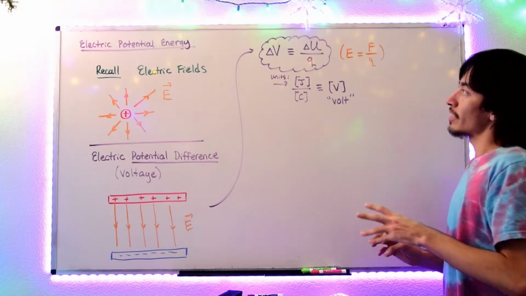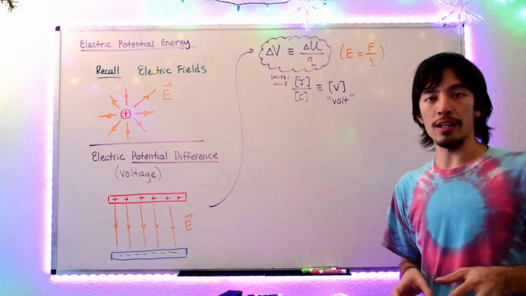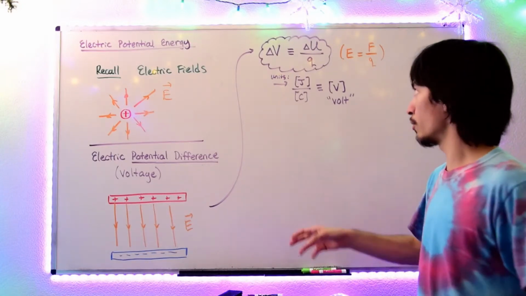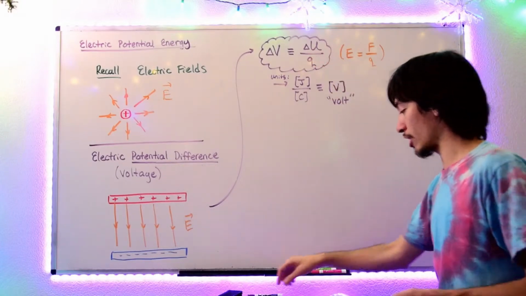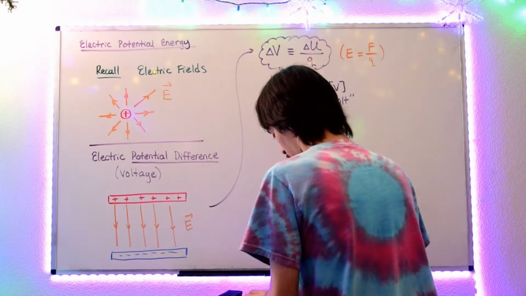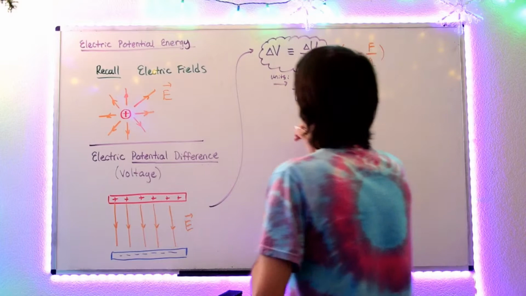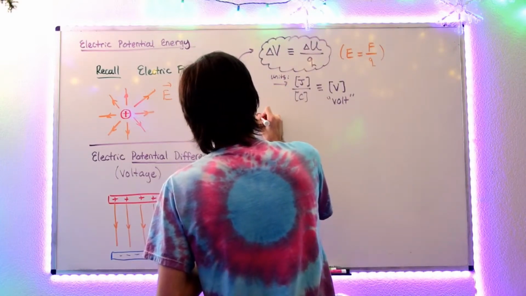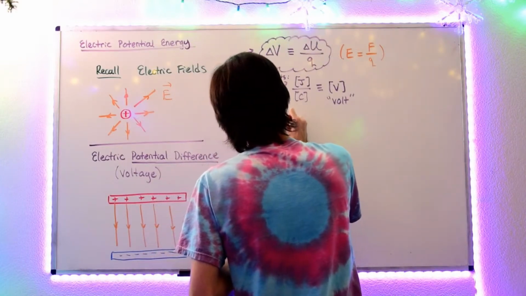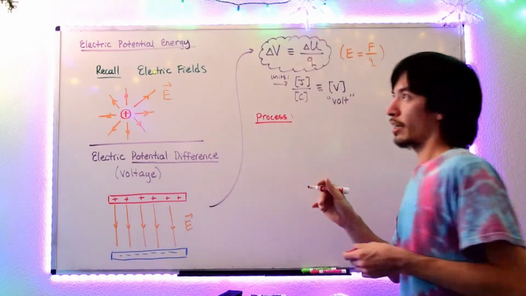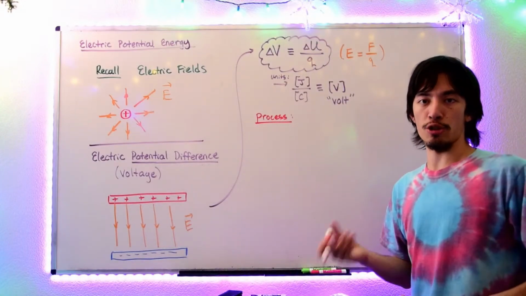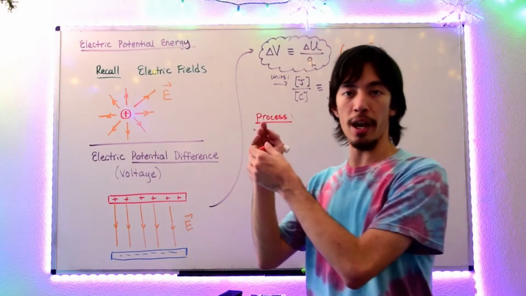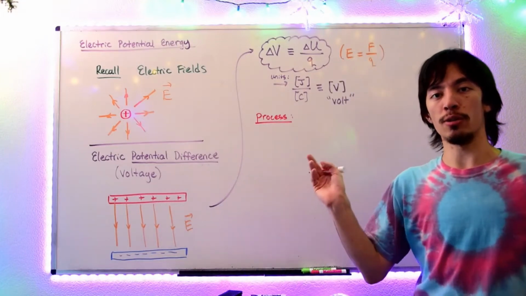Now, before we continue on, I'm going to define an idea here to make sense out of the change in potential energy. So if we were to talk about a process being natural or not natural, so do we have to force it to happen, or does it naturally occur on its own?